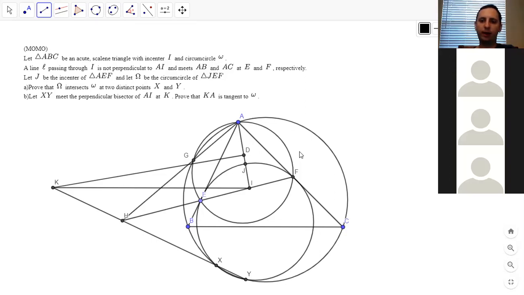So angle EJF. Like you said, if EF were perpendicular, then it would be the mixtilinear incircle. But we want to show it if we tilt it. I'm not sure.